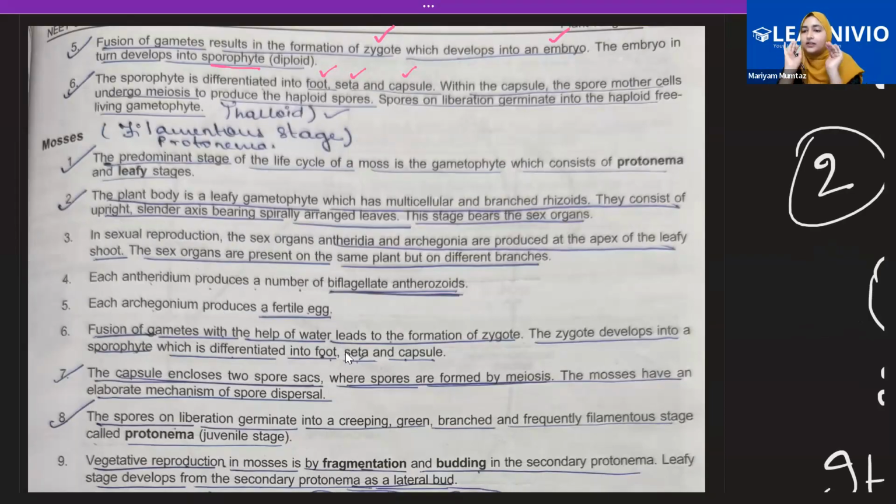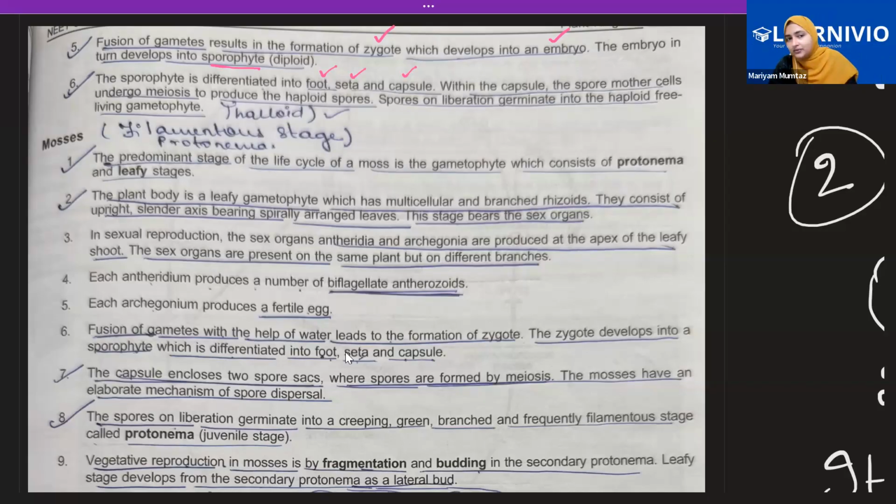On top of the mountain or at the sides of the mountain, have you seen a green mat-like structure? If you kept your hand on it, you might have felt a rough surface. That is a moss that you people have touched unknowingly. Now you know. They look like a mat wherever they are present.